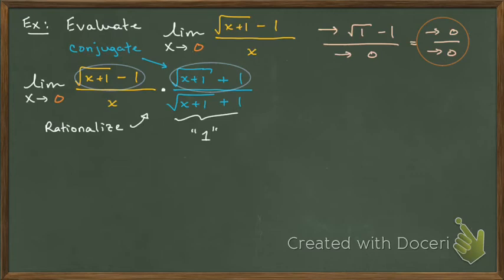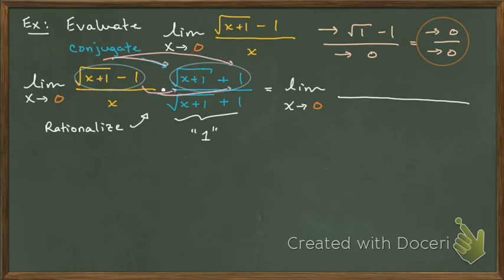When I multiply that across the numerator, what I end up with is a difference of squares. So I'm going to distribute here in the numerator, take the square root of x plus 1 times the square root of x plus 1, and I'm just going to get x plus 1, because those square roots cancel. I distribute square root of x plus 1 to 1, and I've actually written things a little bit backwards here, so I did some multiplication in the wrong order, it doesn't really matter, as long as I keep the signs.